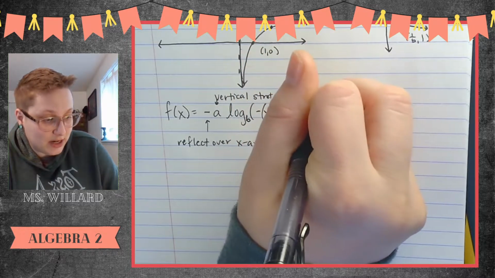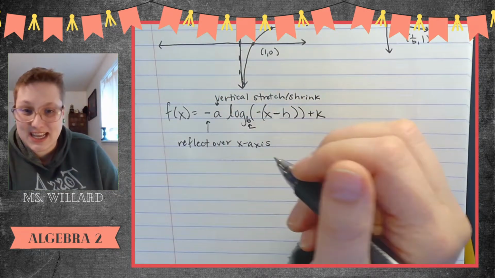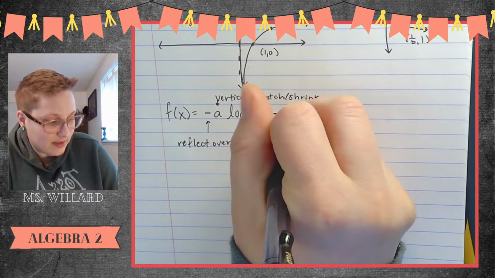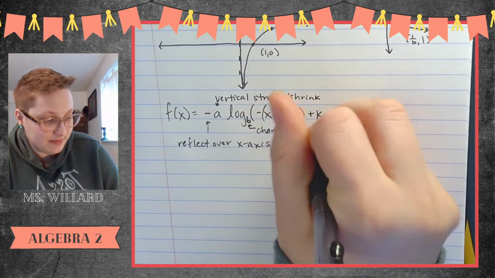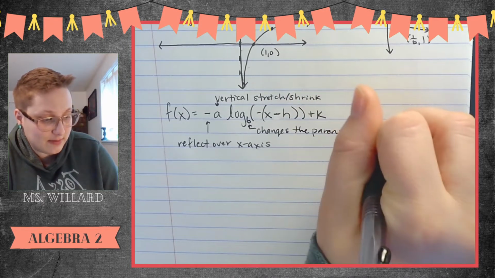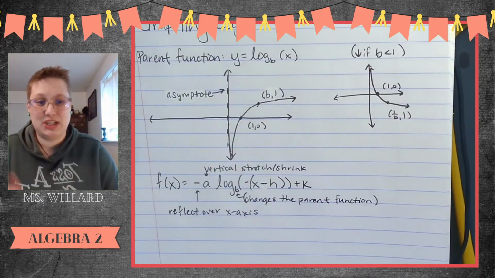We also use the word compression. B doesn't change a thing. B changes the parent function. It's not a transformation. So B changes where this point is up here. It doesn't actually change anything else.